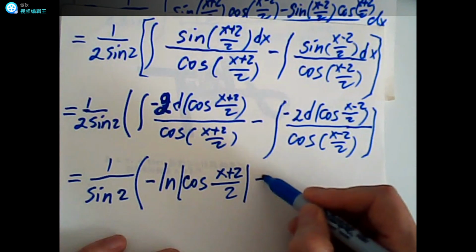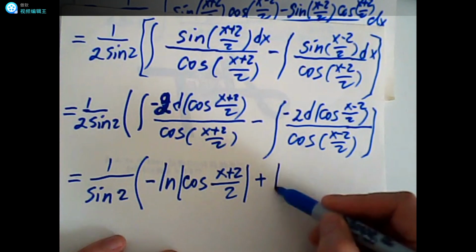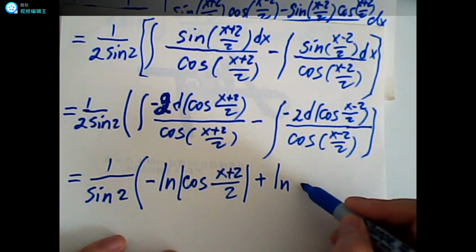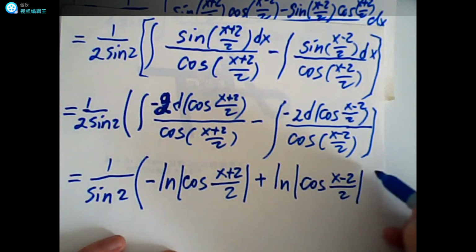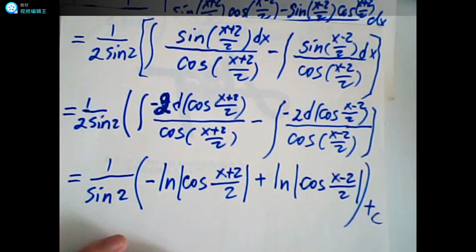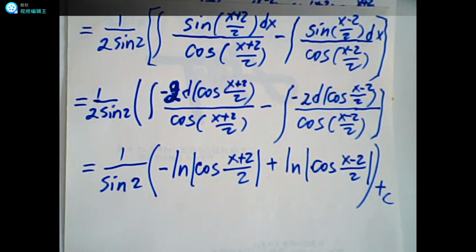And this has become positive, 2 cancels with that 2. And you have log absolute value cosine (x minus 2)/2, plus c. Wow, great.